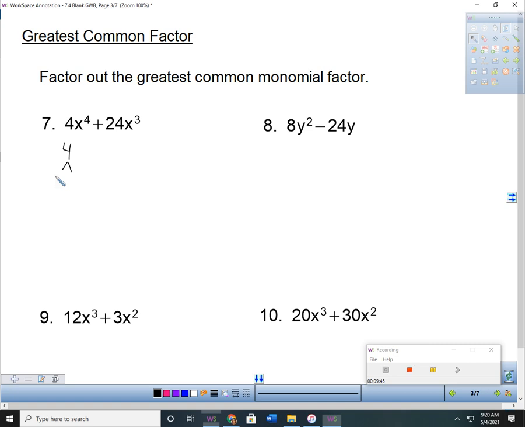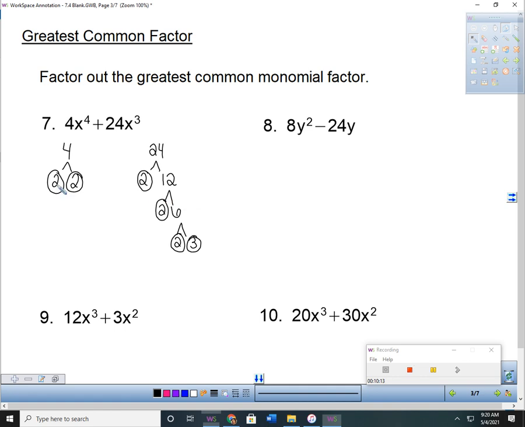So I've got 4 is 2 times 2. All right. And 24 is 2 times 12. 12 is 2 times 6. And 6 is 2 times 3.